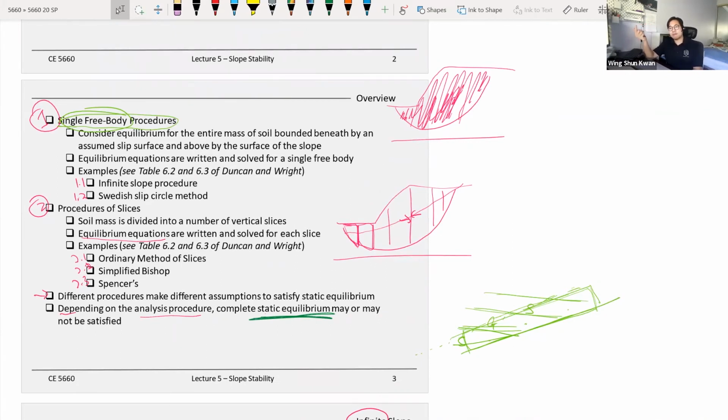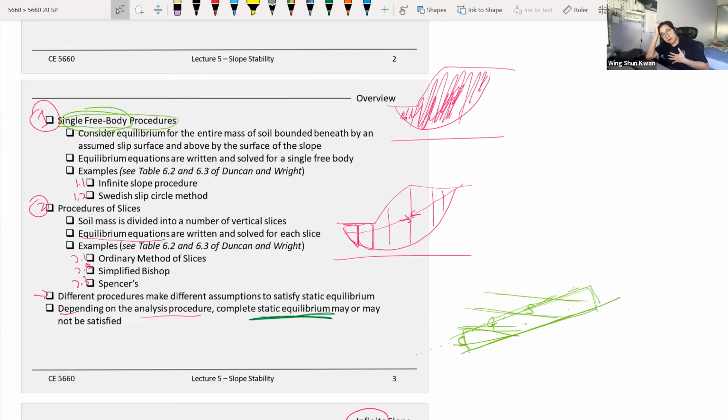We spent a fair amount of time on the procedure of slices because it is more accurate, but requires more computational work. The procedure of slices can be quite accurate, to a degree that people feel comfortable with, but it depends on how many slices you have and which method you use.